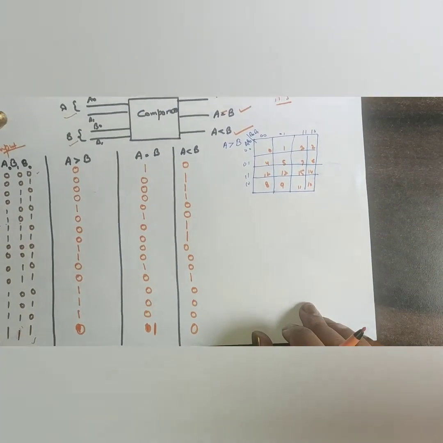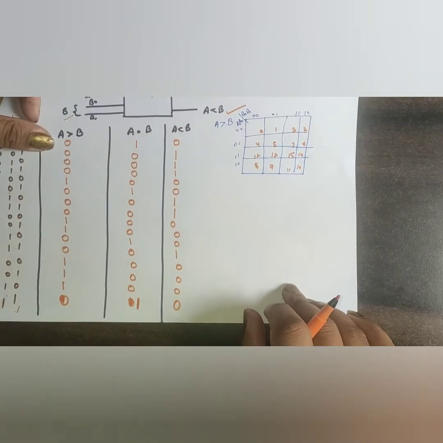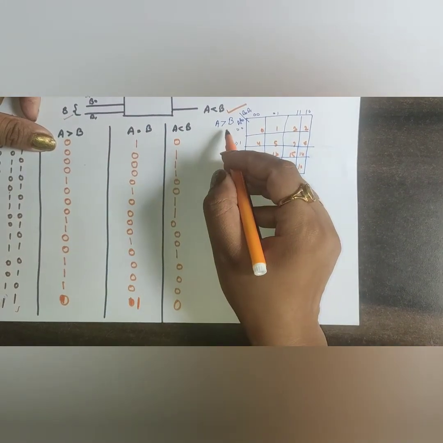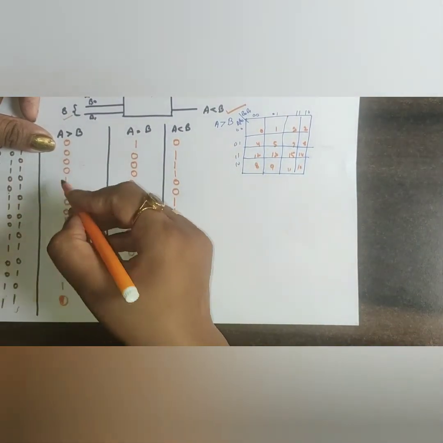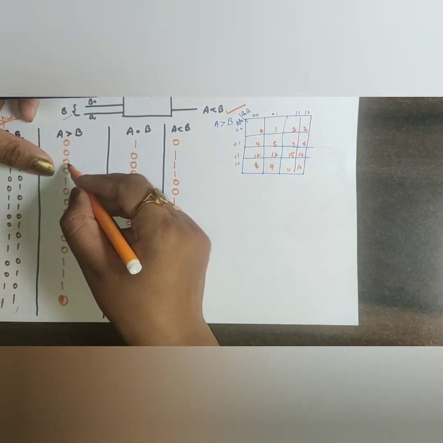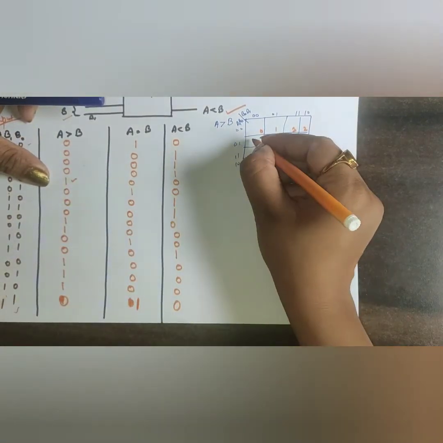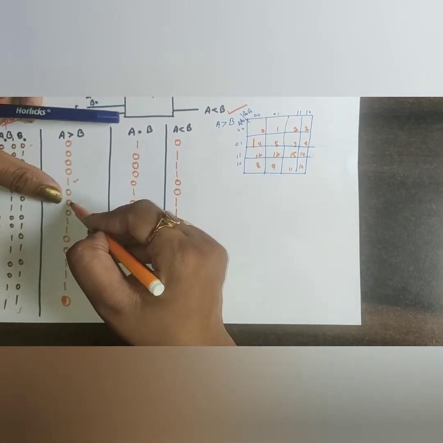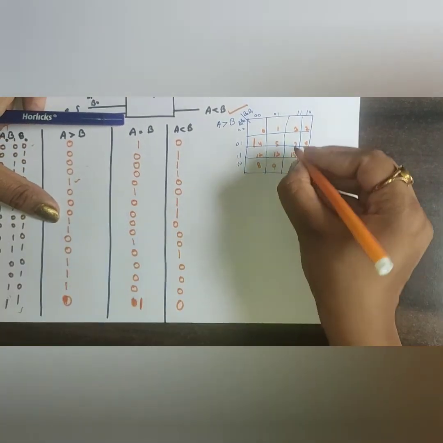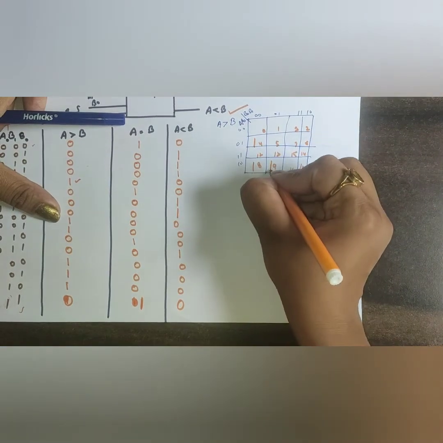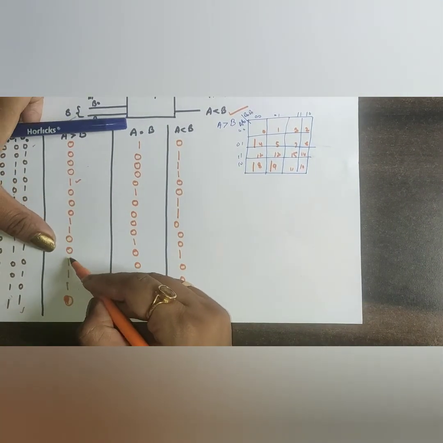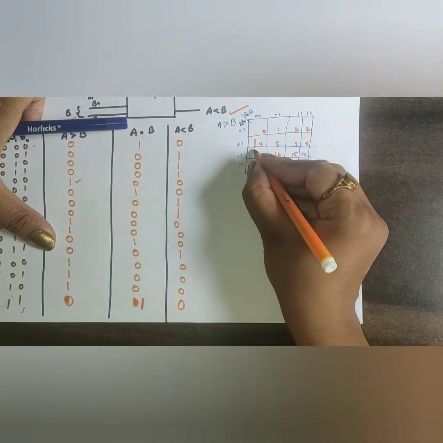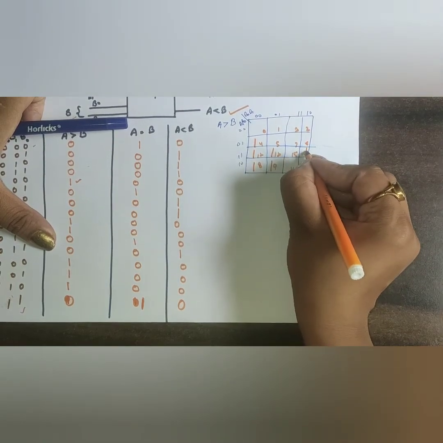Now we will make it for A greater than B. We will take only the 1s: 0 1 2 3 4, so 4 is 1; 8 and 9, 12, 13 and 14.